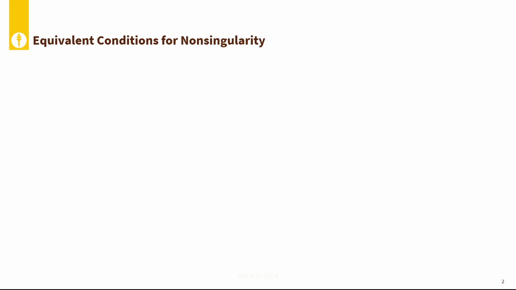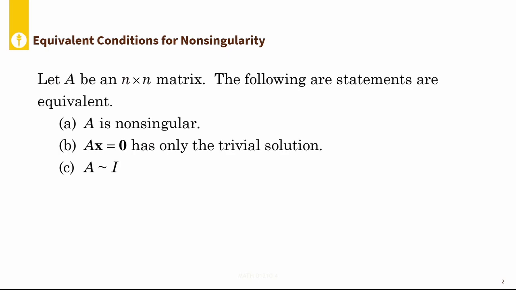So at this point, we can state three equivalent statements on non-singularity. Given an n by n matrix, A, the following statements are equivalent, meaning they say the same thing. First, A is non-singular. Second, AX equals 0 has only the trivial solution.